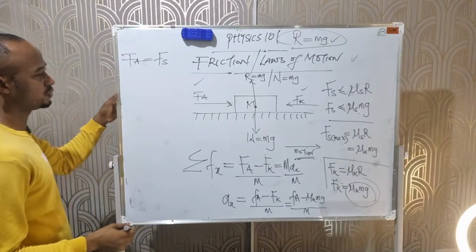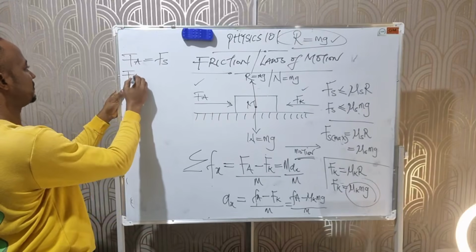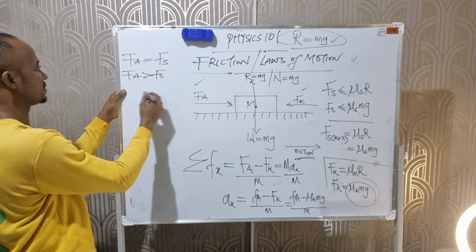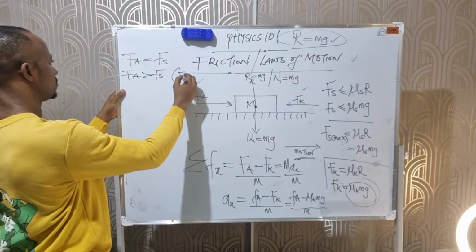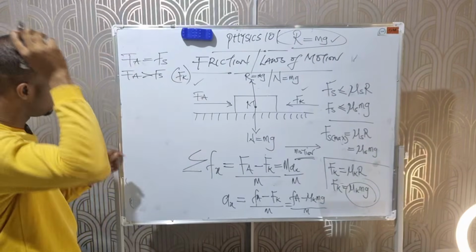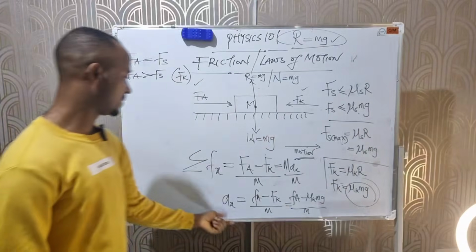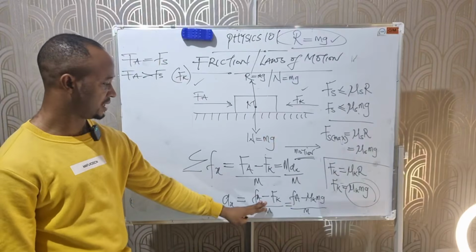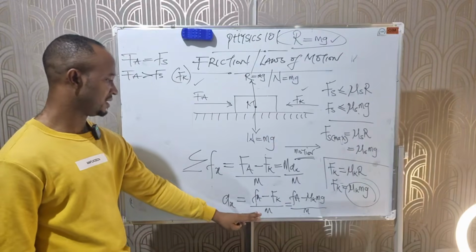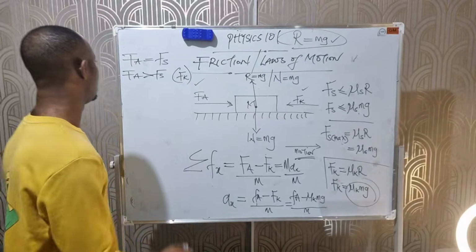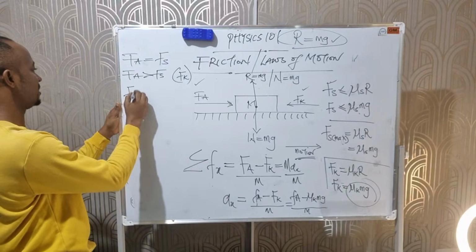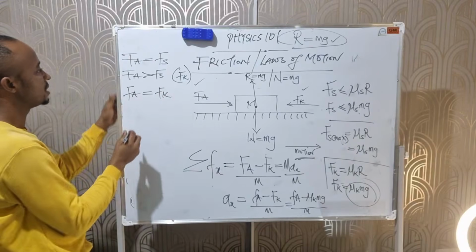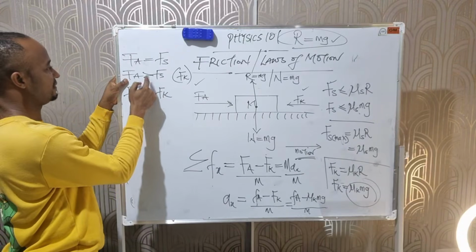Then we spoke about when the applied force is greater than the static frictional force: the body gains kinetic friction, so the body will start accelerating. To find the acceleration of the body, we use Fa minus Fk divided by m. What about a case whereby the applied force equals Fk, when Fa is greater than Fs?